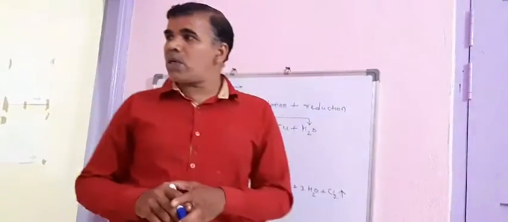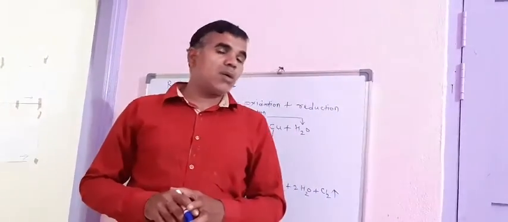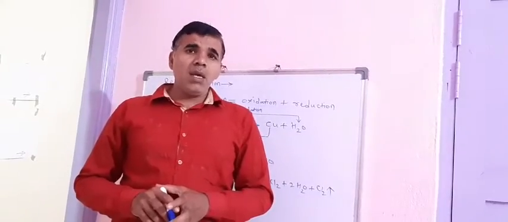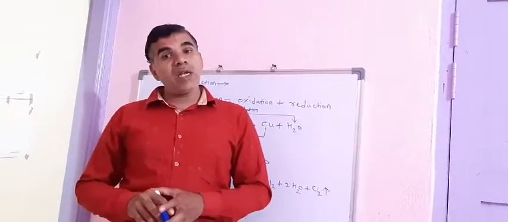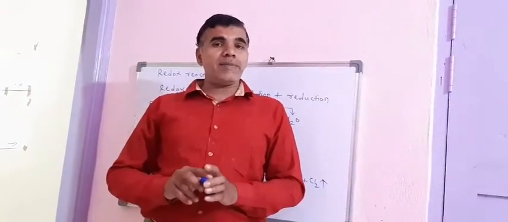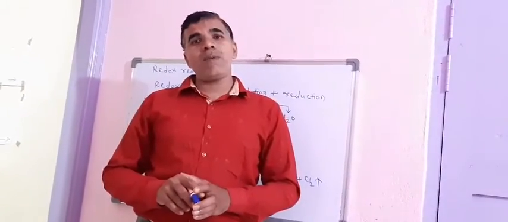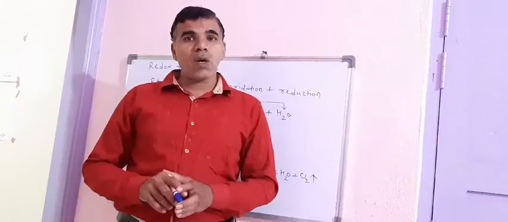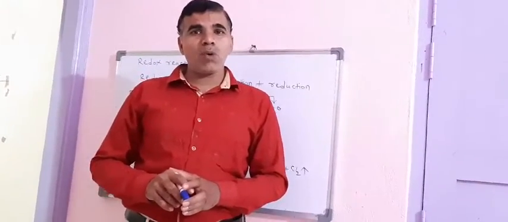Next point we have to understand, that is corrosion. In the 9th standard we learned that corrosion means the wear and tear of metals due to the effect of air, acid and water.